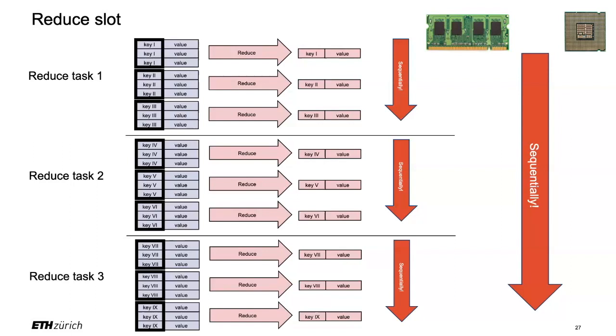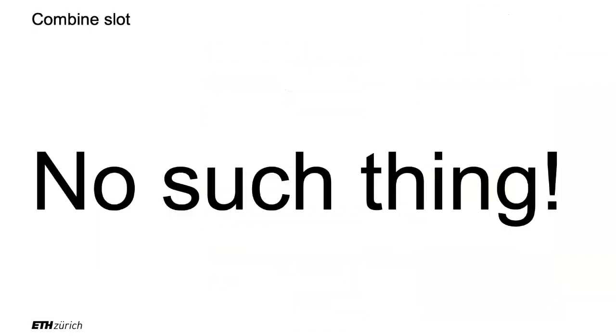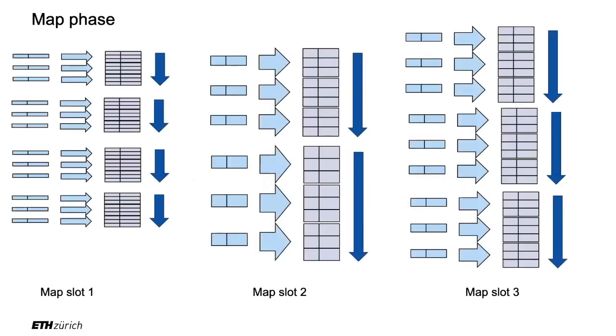For whom is that clear? Very good. So now it starts adding up: the function, the task, the slot. Is there such a thing as a combined slot? No, there is no such thing as a combined slot. Very good.